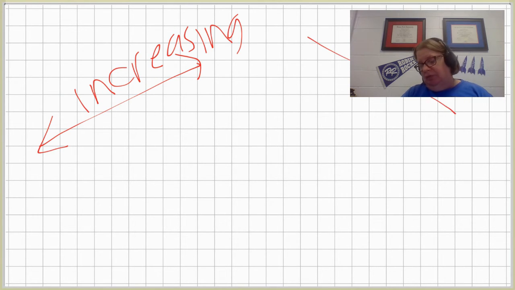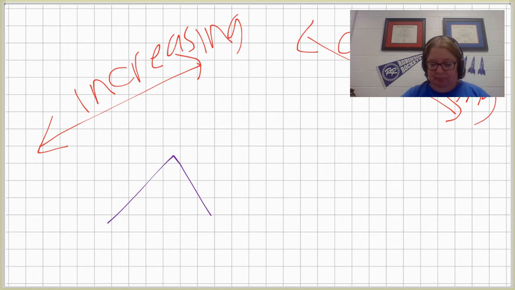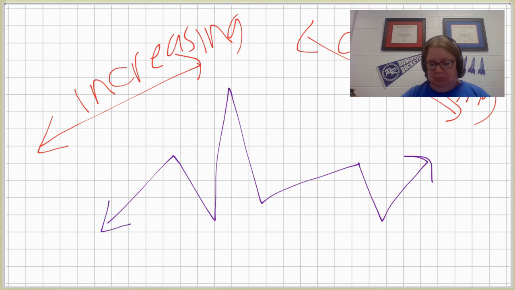And you might have a graph that looks like this. That's decreasing. And you might have a graph that looks like this. The different parts of that graph are called intervals.